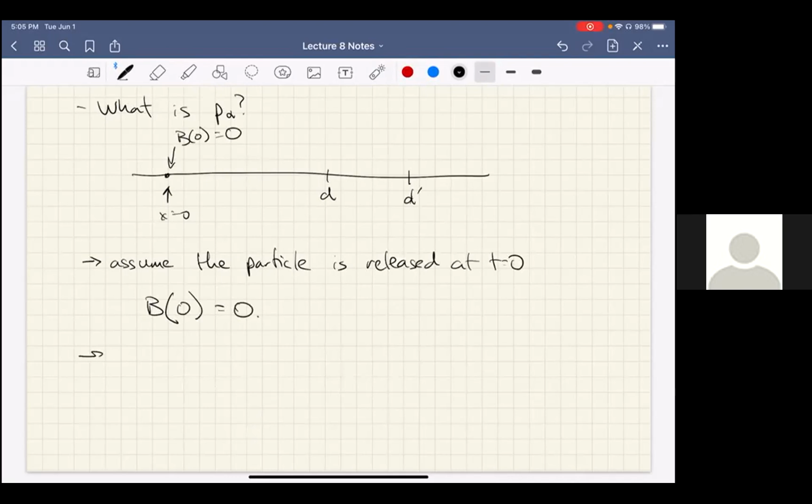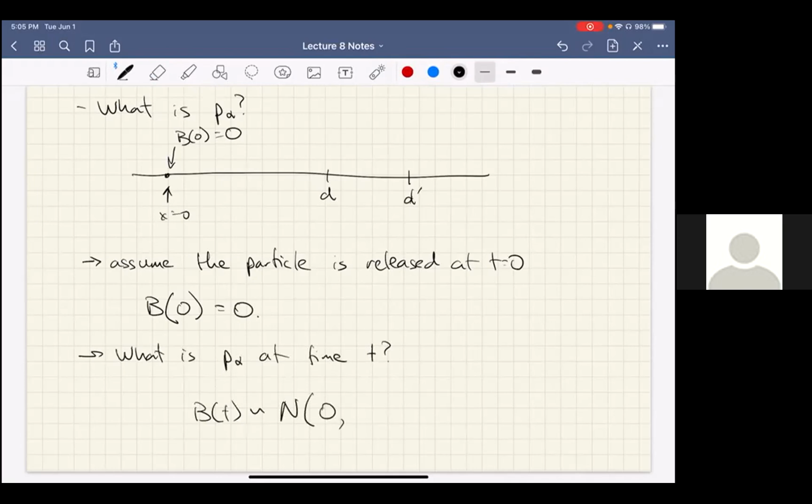So to be concrete again, what is P alpha at time, let's call it t? We know from what we talked about earlier, the properties of the Brownian motion: B of t is distributed Gaussian with mean 0.